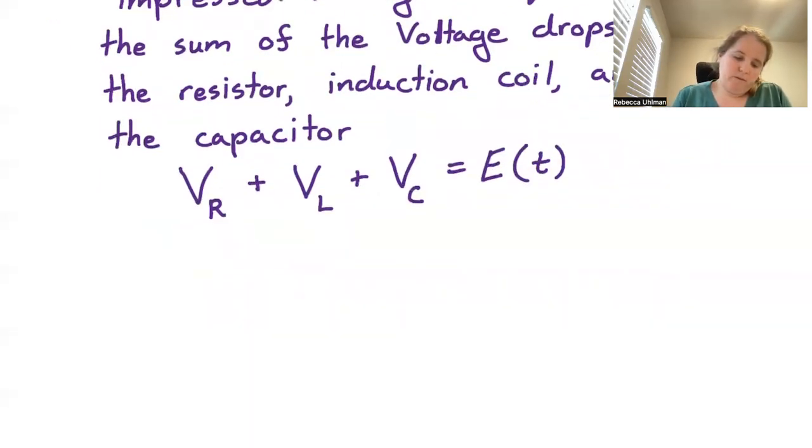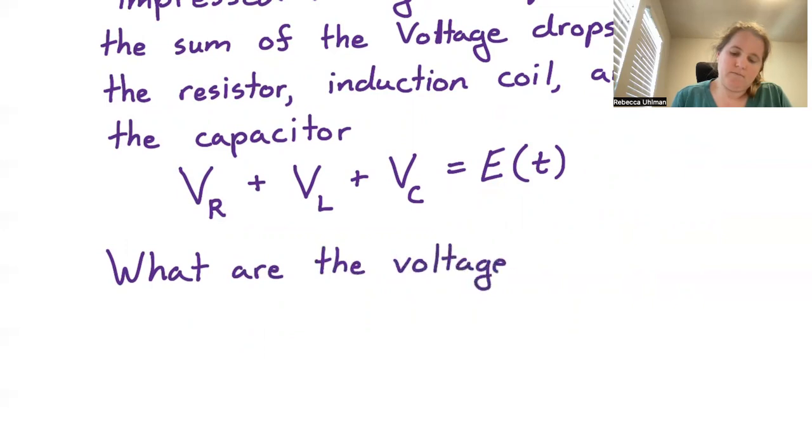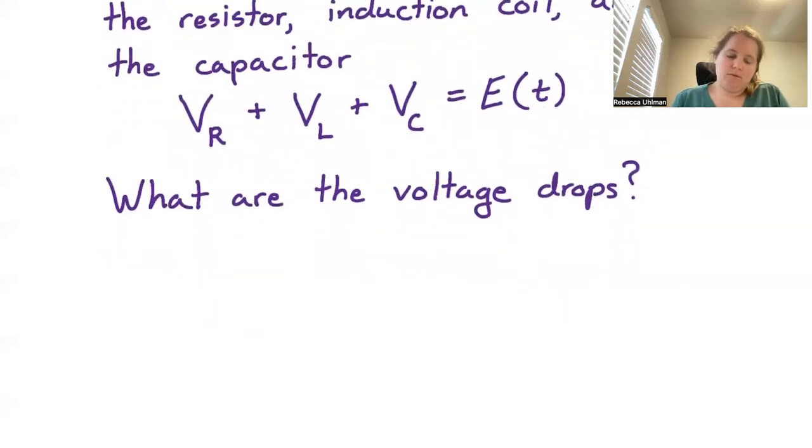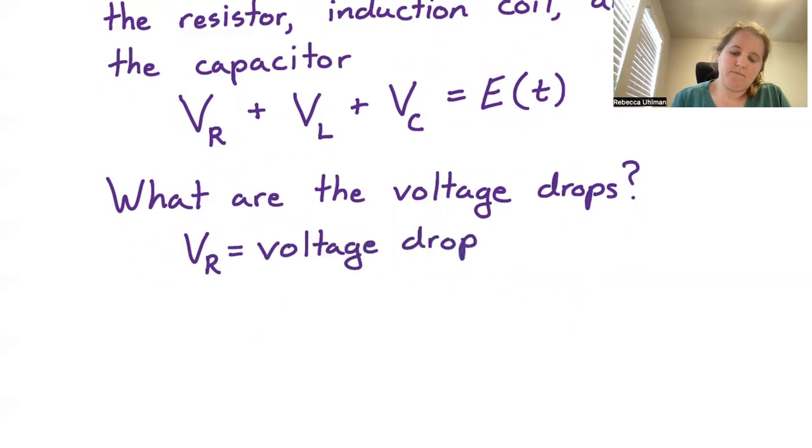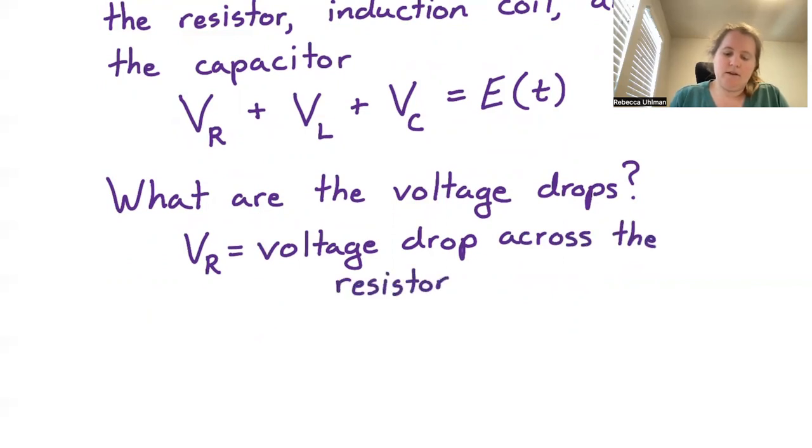So we need to know what are the voltage drops. Our voltage drop VR, the voltage drop across the resistor, is simply the current times the resistance of the resistor.